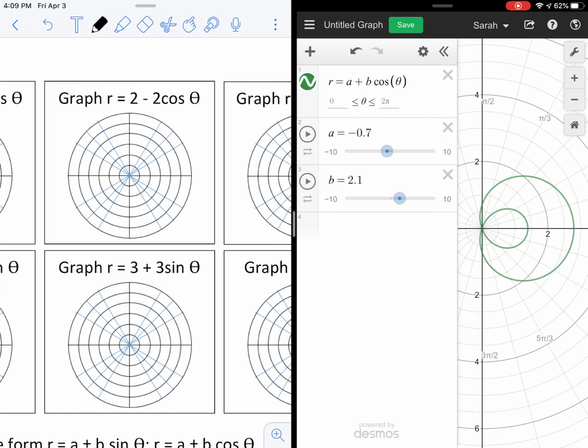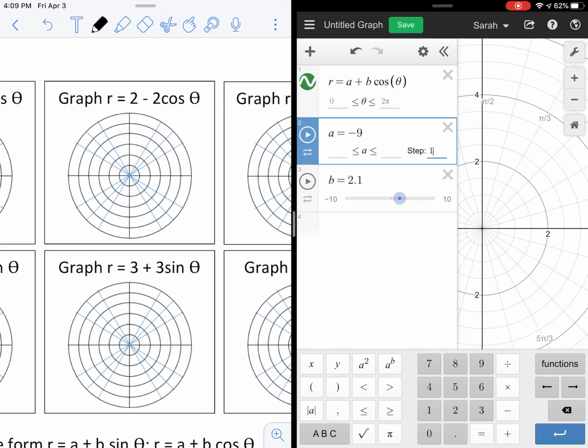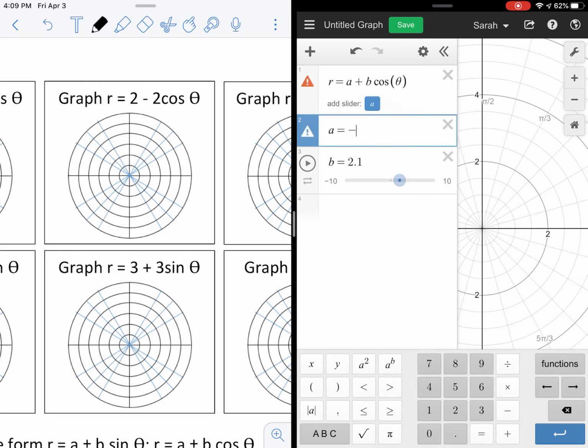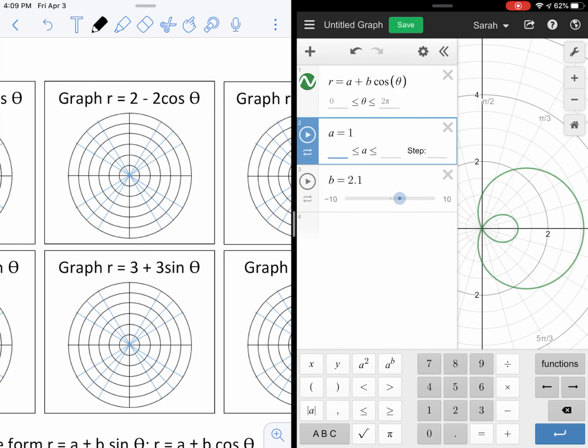I'm sure there's an easier way. I actually think you can change your scaling here. Yeah, you can have your step go up by increments of 1. So if you do that, then you can, oh, it looks like I could even just change. Oh, wait. Okay, now I'm just showing you things that you shouldn't be doing. So let's add that slider for a. Let's get rid of what I just did. But I'm pretty sure if you click, yeah, in front, you can have the step.